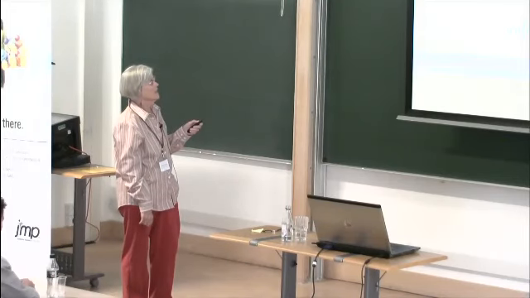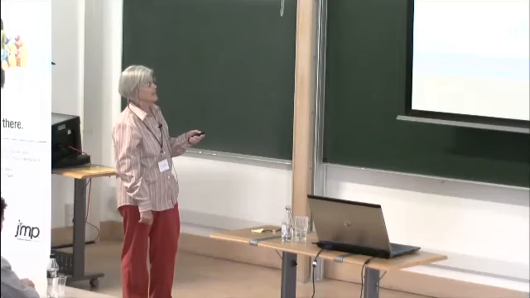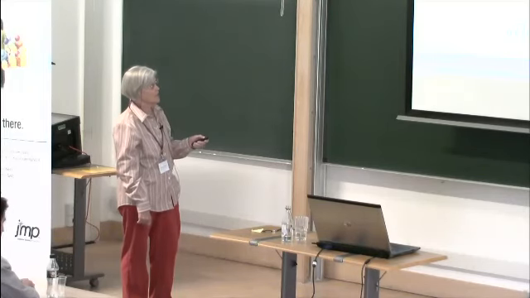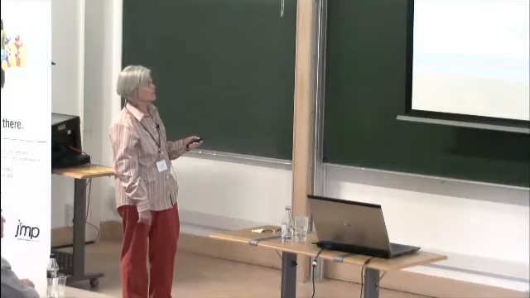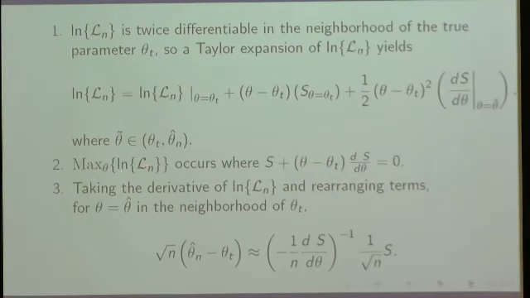The log of the likelihood needs to be differentiable where the true parameter is. Take a Taylor series expansion, we get a formula. We want to know where the maximum of the likelihood is, which will be where the maximum of the log likelihood is, and we can simplify that criterion to be where this equality holds.